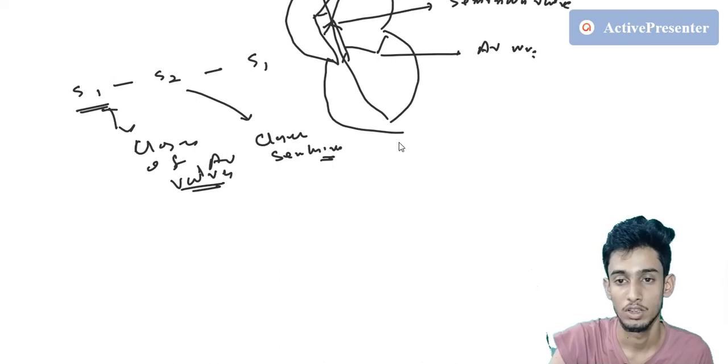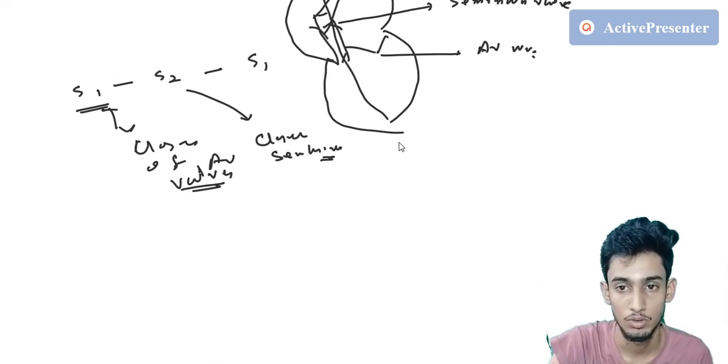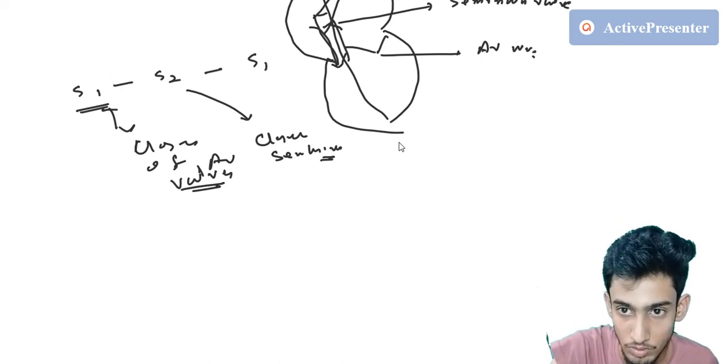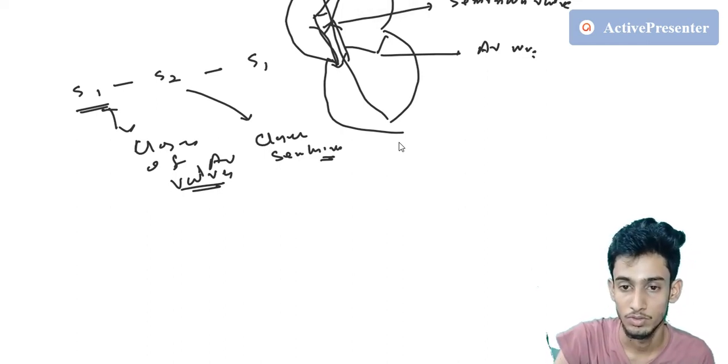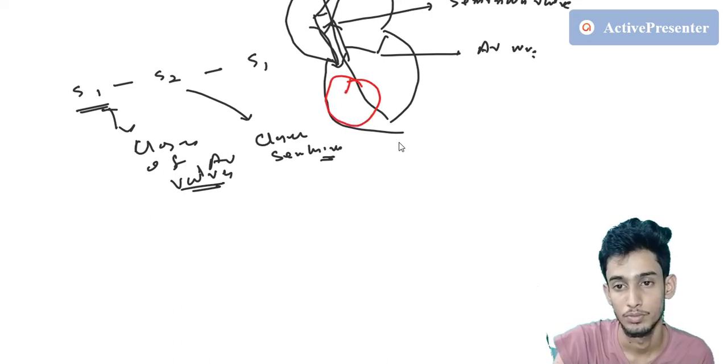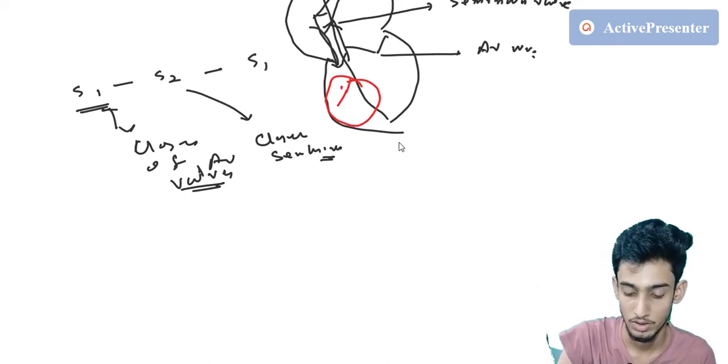First, the blood comes from the atrium to the ventricle. So first the ventricle fills with blood from the atrium.